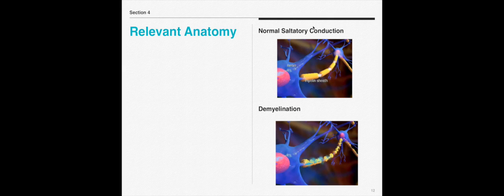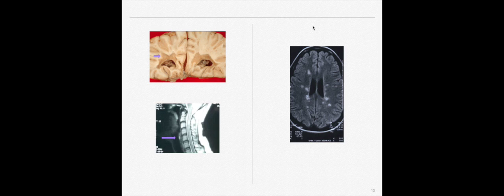So the relevant anatomy, this is something that has been discussed previously in other coursework, and you could certainly take a closer look at these pictures to help you understand the saltatory conduction and demyelination. Take a closer look at these pictures to see what the plaques might look like in the spinal cord or the brain. But overall, what we care about, and actually looking at this one here is a great way to look at this, is these hyperresonant areas.